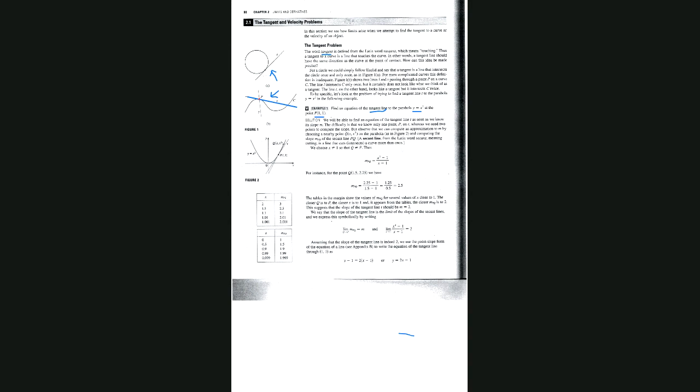So how are we going to find this tangent line? Well, for any line, to get its equation, what do we need to find? That's right, Ian, the slope. We have to find the slope.